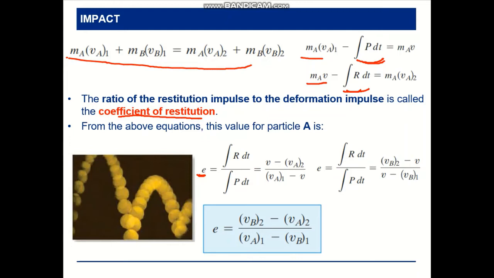When you take these terms, you will obtain the coefficient of restitution, which is the final velocity of particle B minus the final velocity of particle A, over the initial velocity of particle A minus the initial velocity of particle B. So this equation is important, and we will use this in our problems.